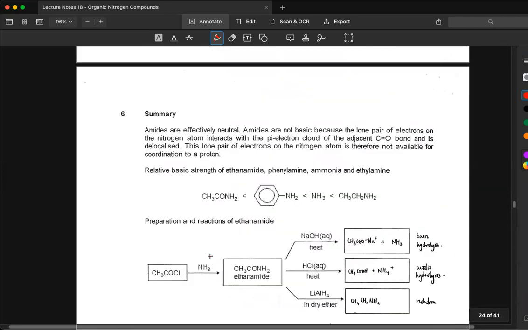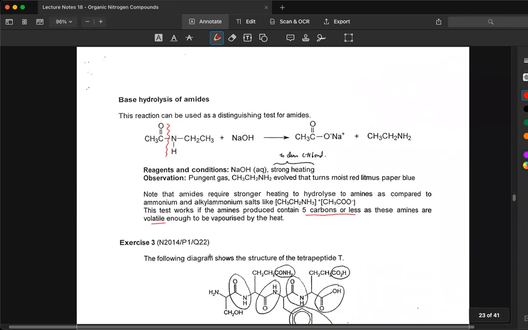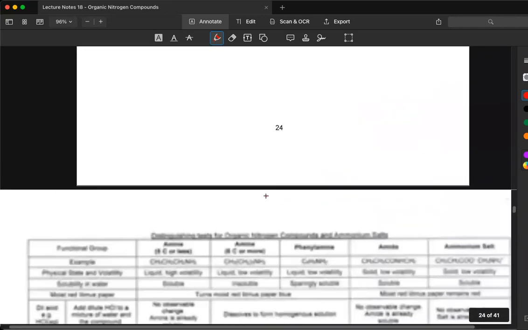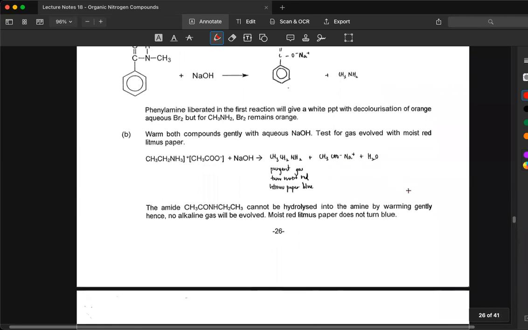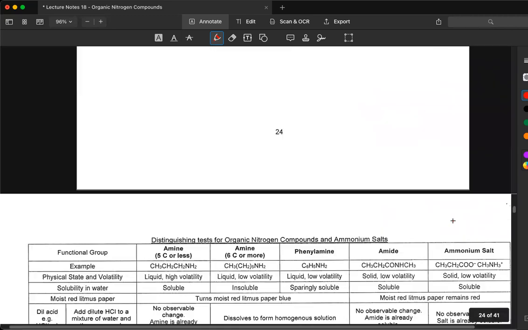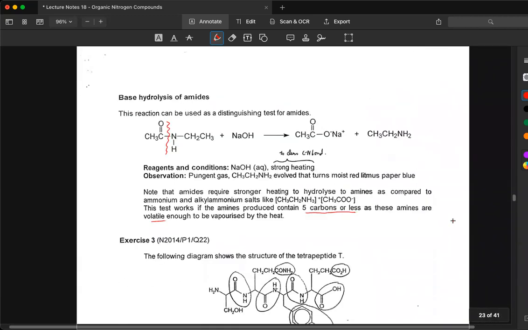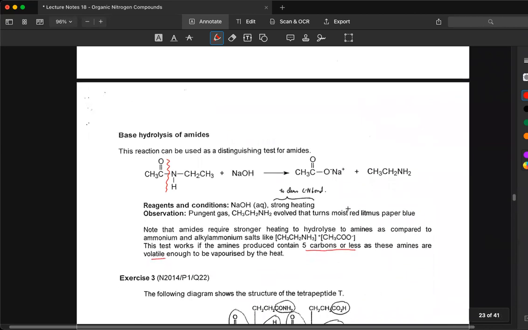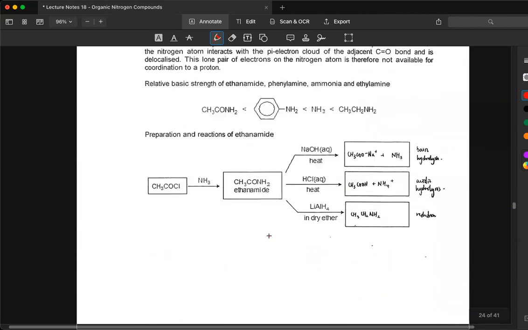You have to warm, let me see, strong heating. It must be strong heating, so here is gently. It must be strong heating, in order to break the C-N bond successfully.